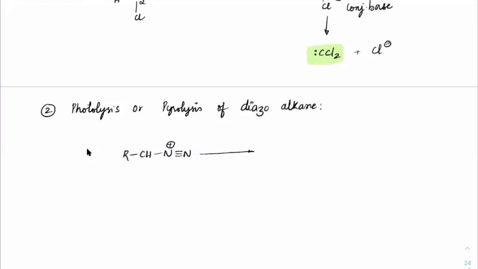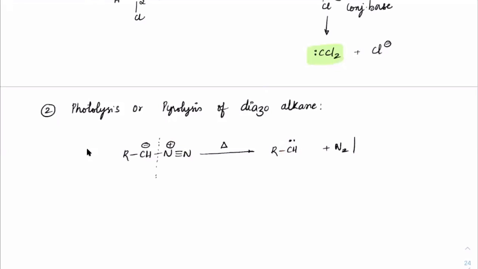So even if you provide a small amount of energy or light, it would immediately come out as N2. So when you have RCH minus connected to N2 here, the minute you heat it or provide light, it would immediately break to form RCH like this plus N2. Now this would form what? A singlet or a triplet carbene. And most of the time, since triplet is more stable, you will have the triplet form formed more than the singlet form.